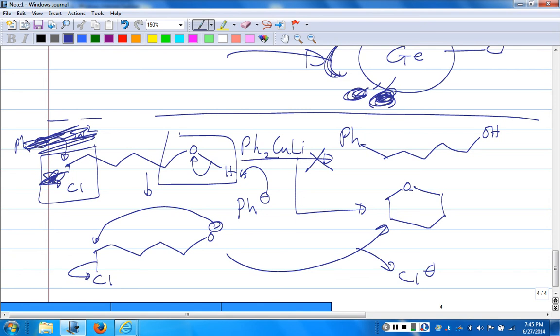Because if your reagent can carry out chemistry at both sites, then you're going to have a problem because you now have to figure out the relative rates of the reaction, right? And if it is much, much faster at the site you want, well, great. But if it is much, much slower at the site you want, that's a problem.